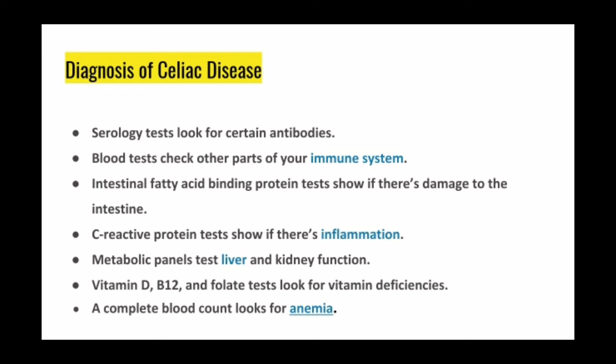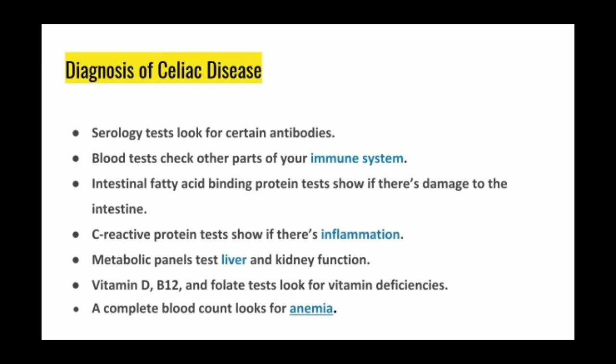Intestinal fatty acid binding protein test will help us to know whether our intestine is damaged or not. C reactive protein test will help us know if there is any kind of inflammation. Metabolic panel tests liver and kidney function. These tests will help us to know the quality of our liver and kidney function.